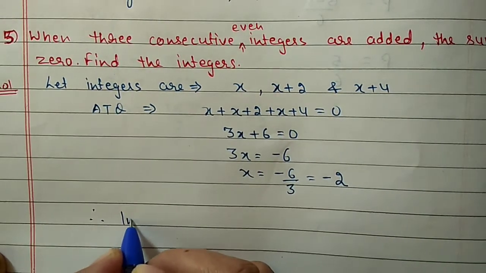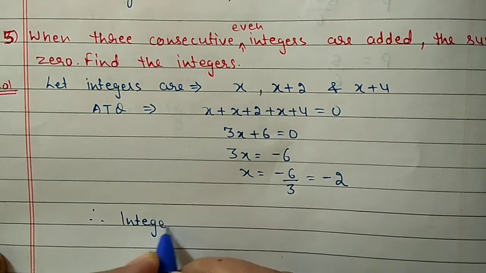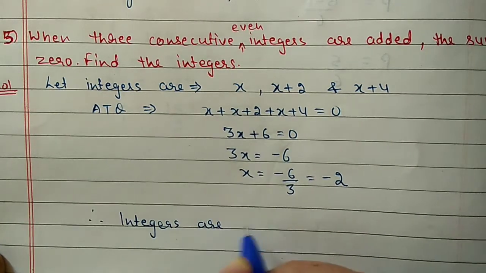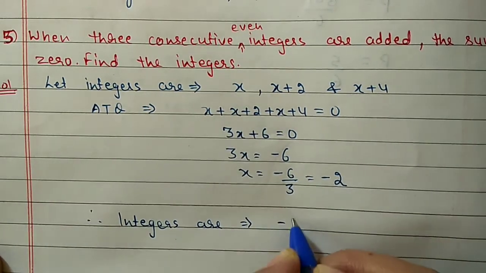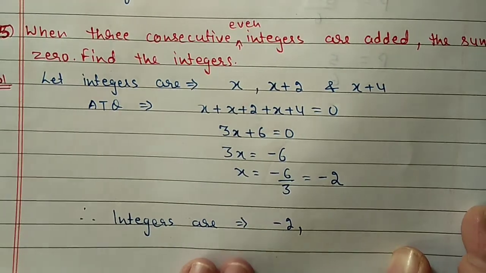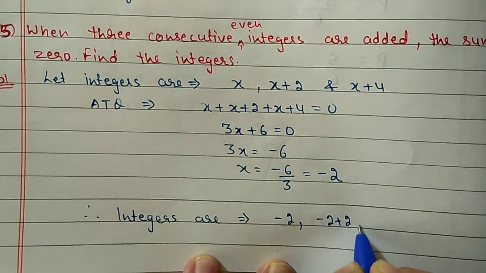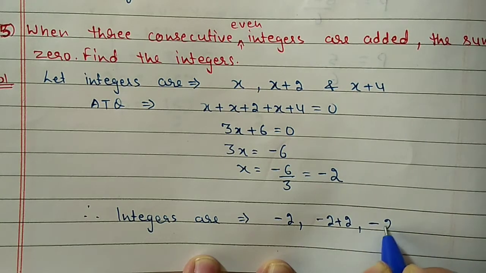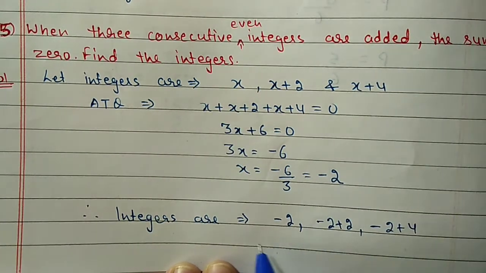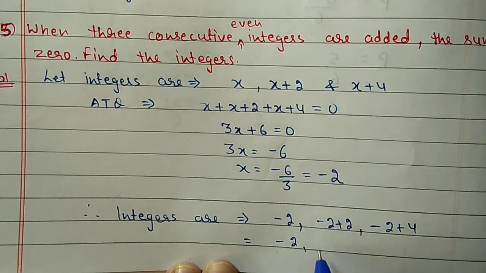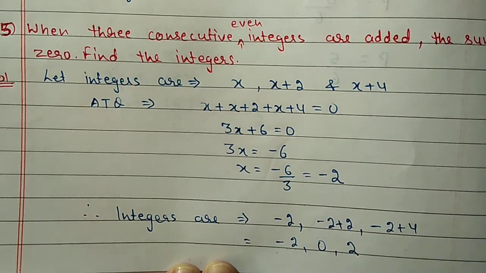Therefore the integers are: the first integer will be minus 2, the second will be minus 2 plus 2, so minus 2 plus 2 will become 0, and the third will be minus 2 plus 4. Now you can simplify: minus 2, 0 and plus 2.